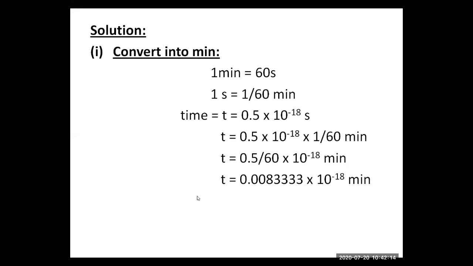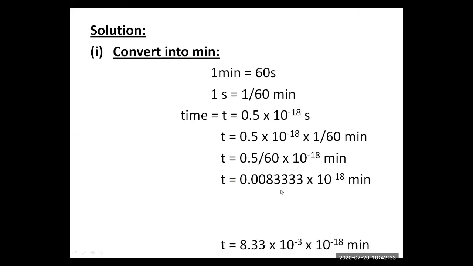This one can be the answer, but in mathematics, we calculate in a smaller way. So we have to convert it into scientific notation. This decimal will be shifted after 1, 2, 3 digits.